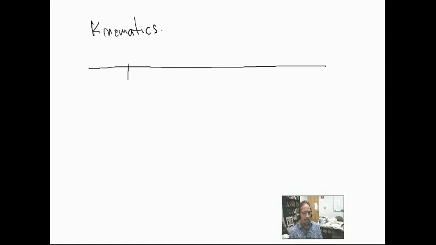Let us now go to kinematics. The first thing we did to study kinematics is we restrict ourselves for a while to one dimension. So an object is simply going to be moving in this line. We are going to set a system of coordinates x.